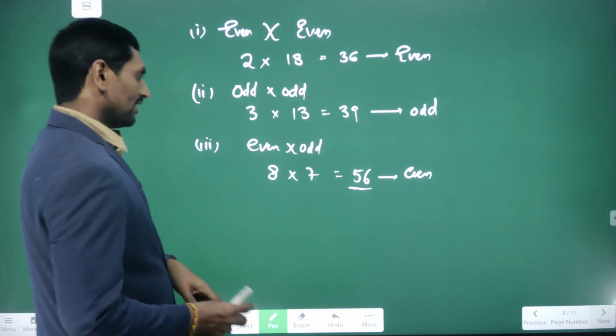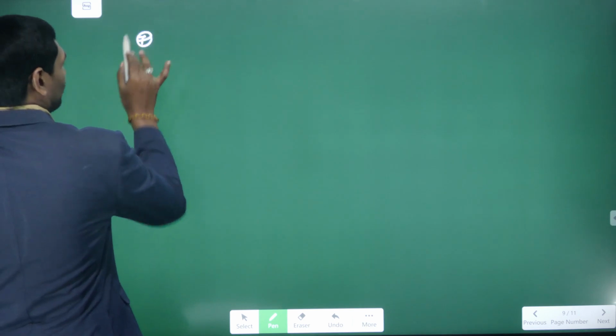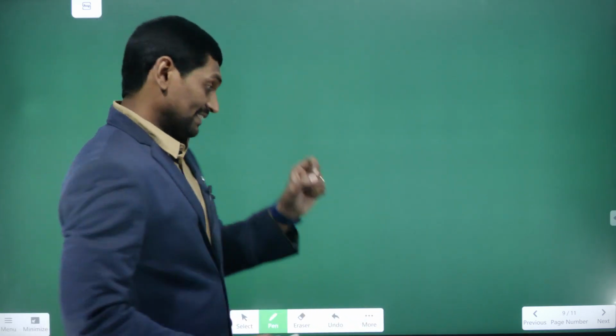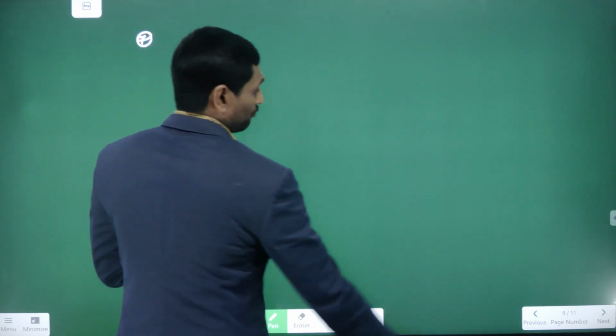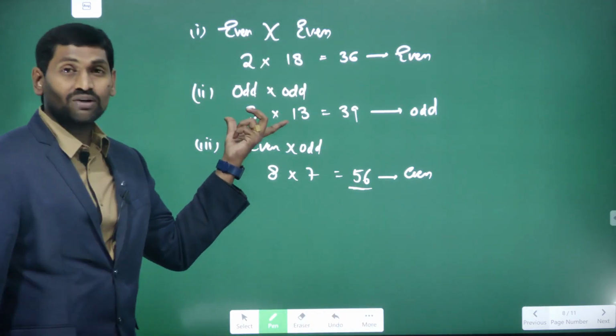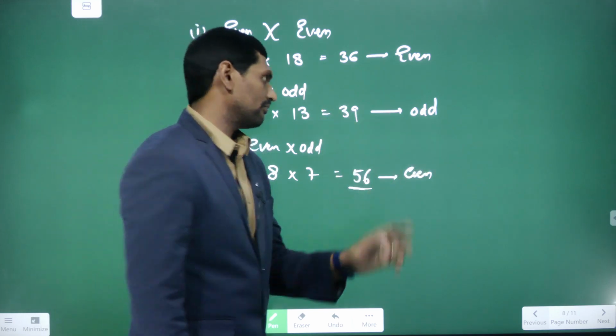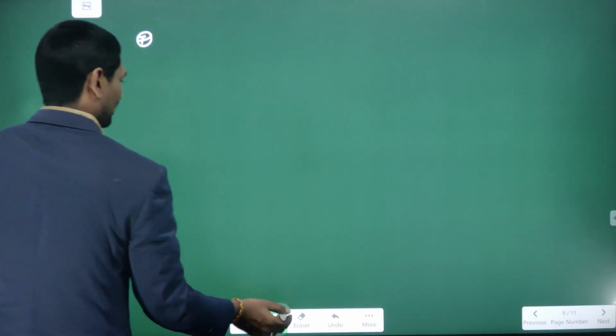Okay, right. Now we completed 6 questions. Let us go through the 7th question. The 7th one is product of two odd numbers. Just now we have discussed that product of two odd numbers is odd itself. So our answer is an odd number.